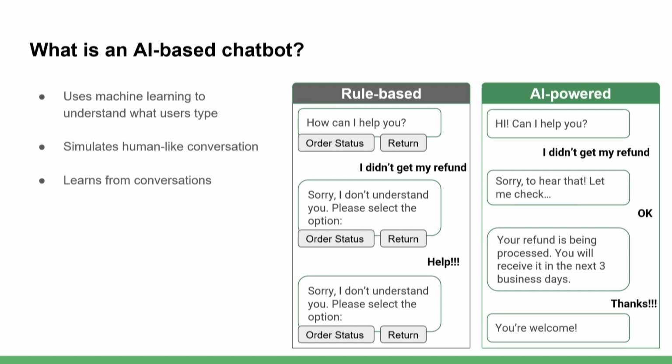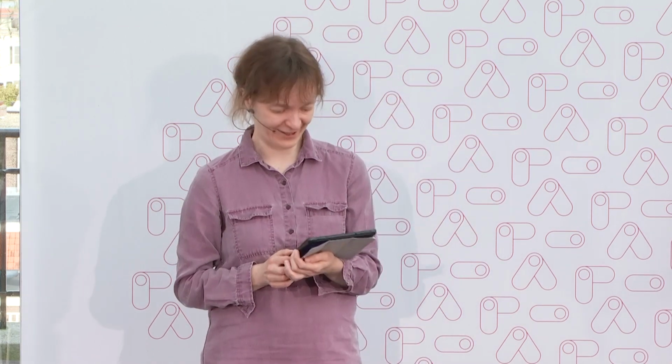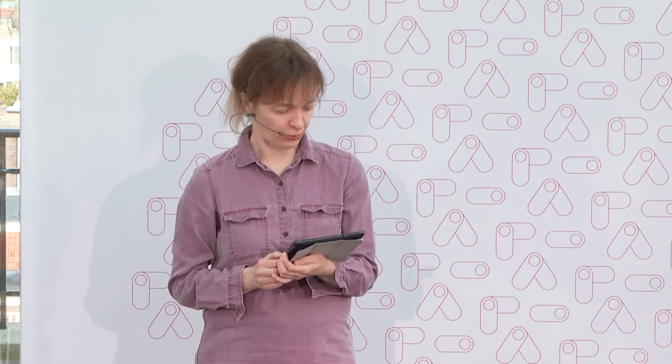Early chatbots were rule-based, and they had scripted responses with preset options, like telephone answering machines. And they were not very good at answering questions. I would usually type, "Can I talk to a human?" as fast as I could, but even that wouldn't always work.